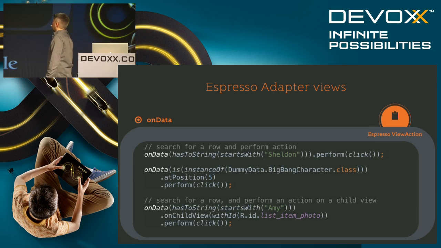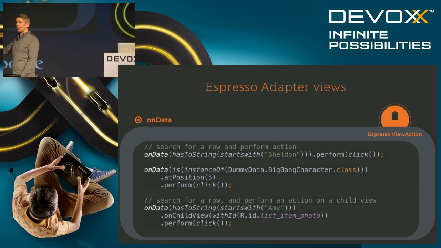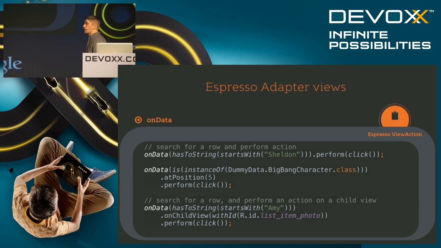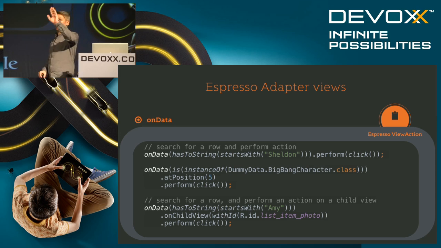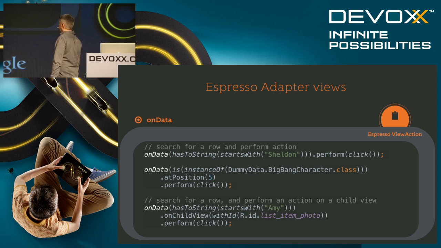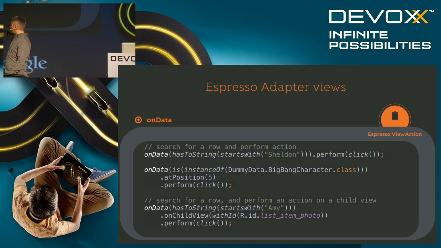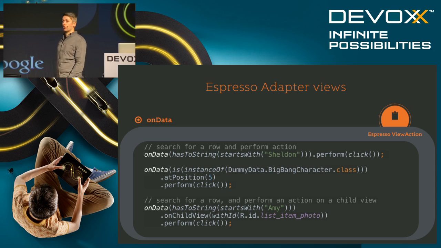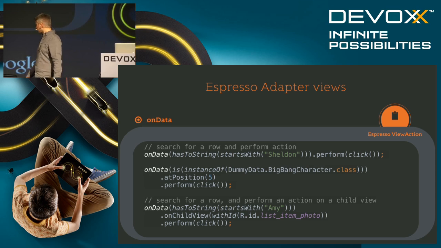The onData one is used if you work on a list. If you remember the Big Bang application, master detail, list, you click on an item in the list, you go to the detail page. Let's say, for instance, search for a row. I want to get hold of the row corresponding to Sheldon.